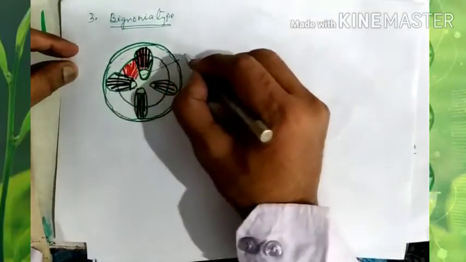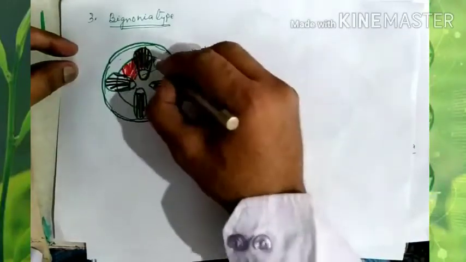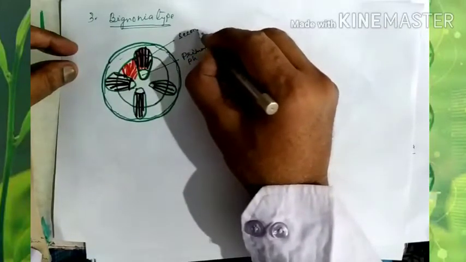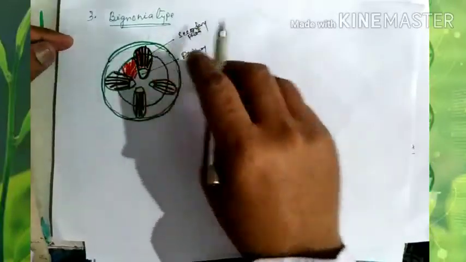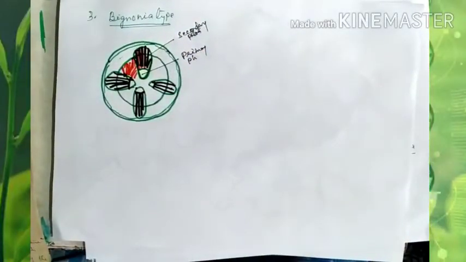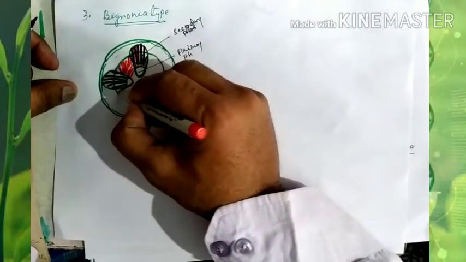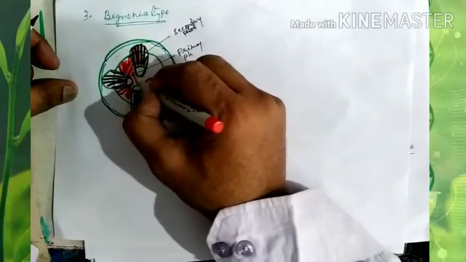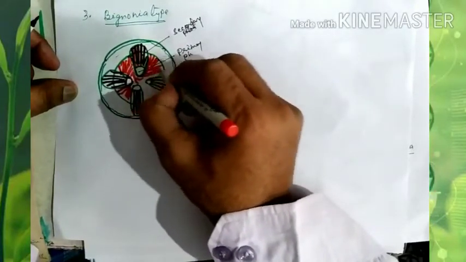So at this point, what happens? This is the primary phloem. This is the secondary phloem. And as a result, the secondary xylem appears as a cross here.